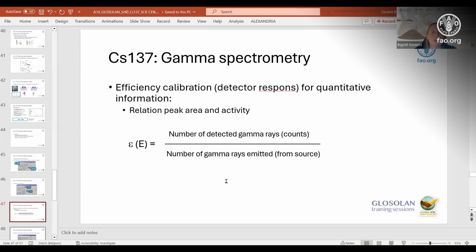Then the efficiency calibration is the detector response for quantitative information. So it's a relation of the peak area and your activity. Because with gamma, the efficiency is in fact very low. You're talking about 0.01%, and not 100% like we had with beta detection.